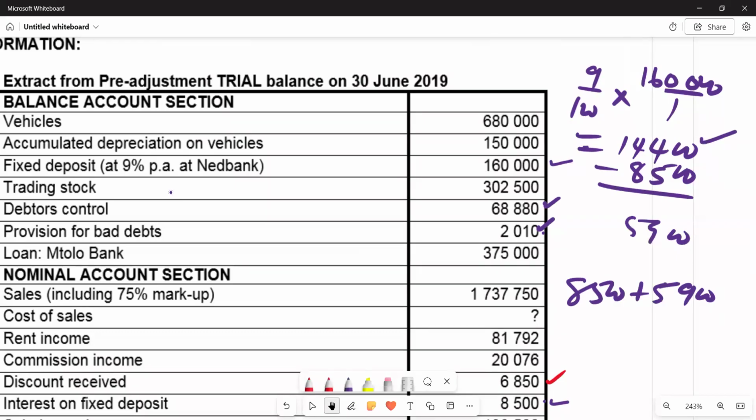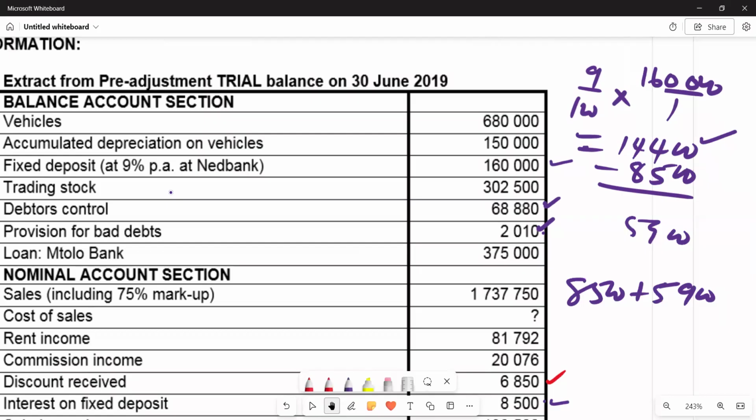So 8,500. So what we are saying is we are going to say our 8,500, and then we add our 5,900. And then the answer that we are supposed to get is 14,400, which is representing the period.